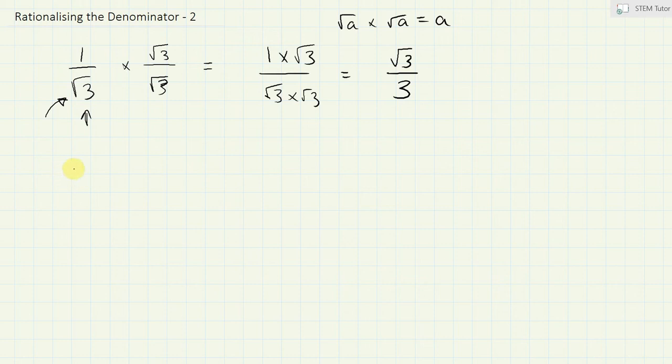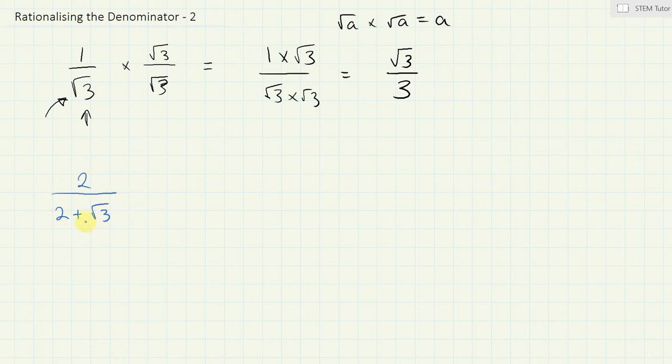Okay, so now let's move on to a case where we have two terms in the bottom, or as the denominator, where one term is rational and the other term is irrational. So how do we go about rationalising the denominator in this fraction?